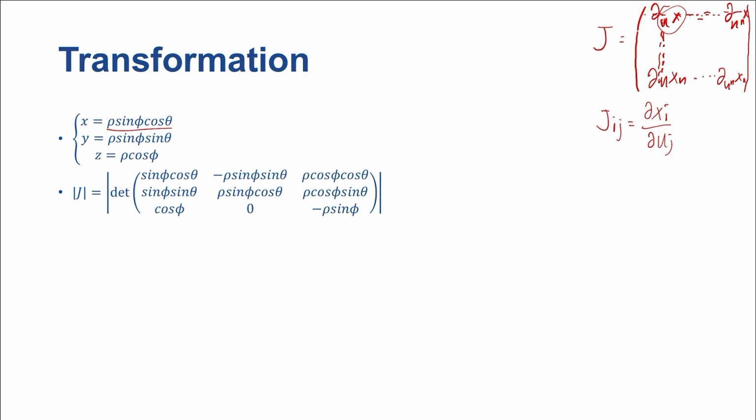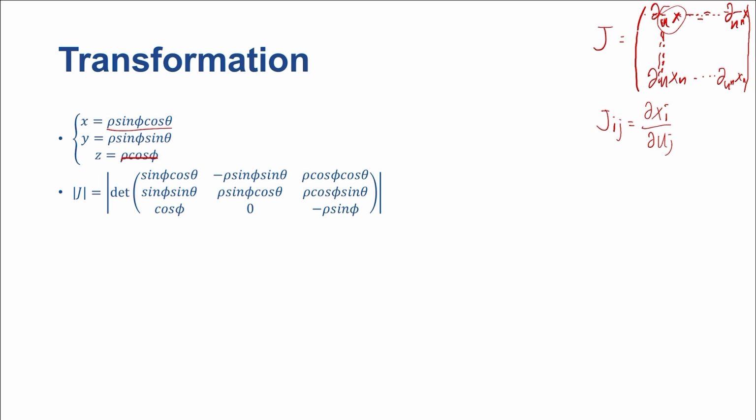Take the y derivative with respect to rho, then rho sine phi cosine theta, rho cosine phi sine theta. And finally for z, with respect to rho, cosine phi. With respect to theta, there's no theta dependence, that goes to 0. And then finally, with respect to phi, I get negative rho sine phi.